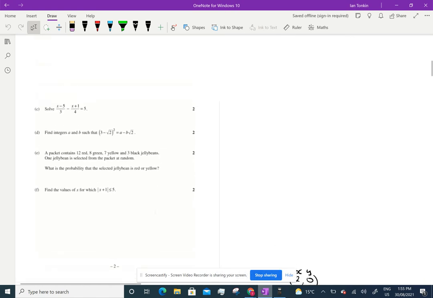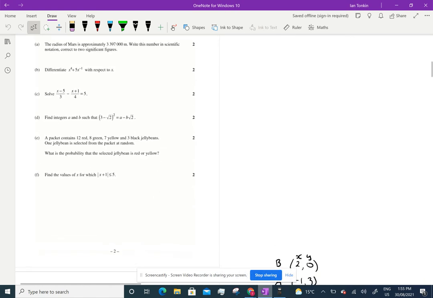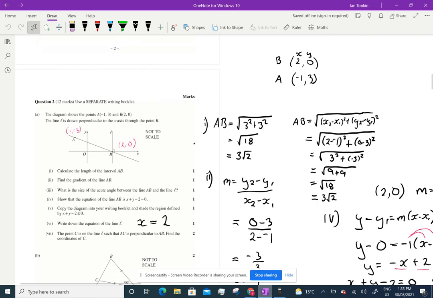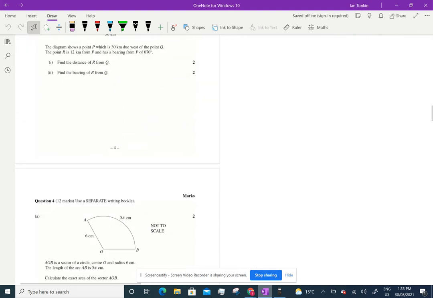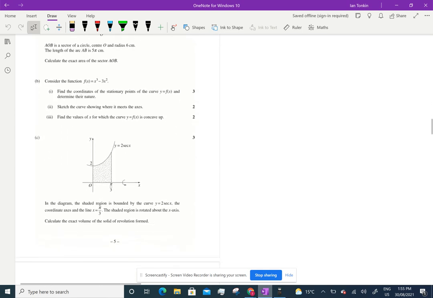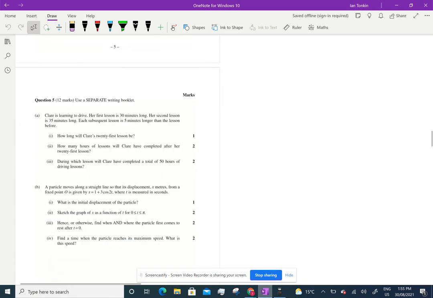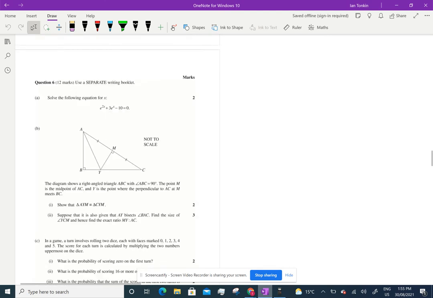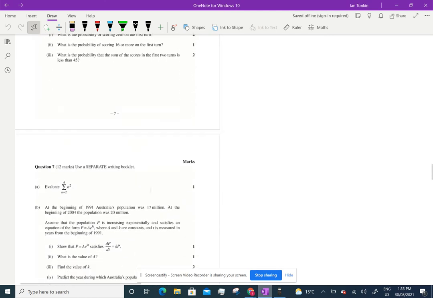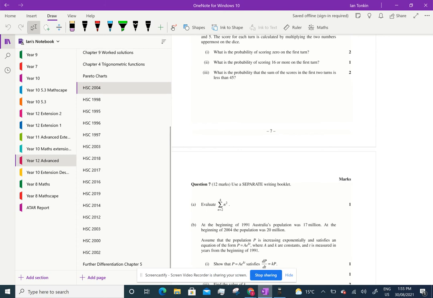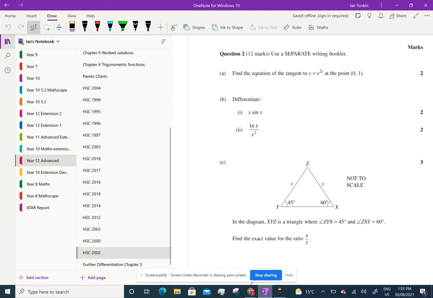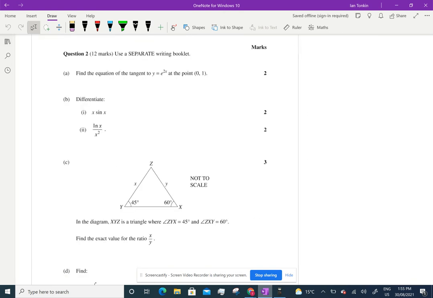It may not have one. They usually do: radius differentiates, find the impact, what is the size of the angle. I don't think they have one this year. If you haven't found it by about now, it really probably won't be in there. So 2004, 2003, let's go to 2002. There you go. Look at that. Perfect one to finish on.